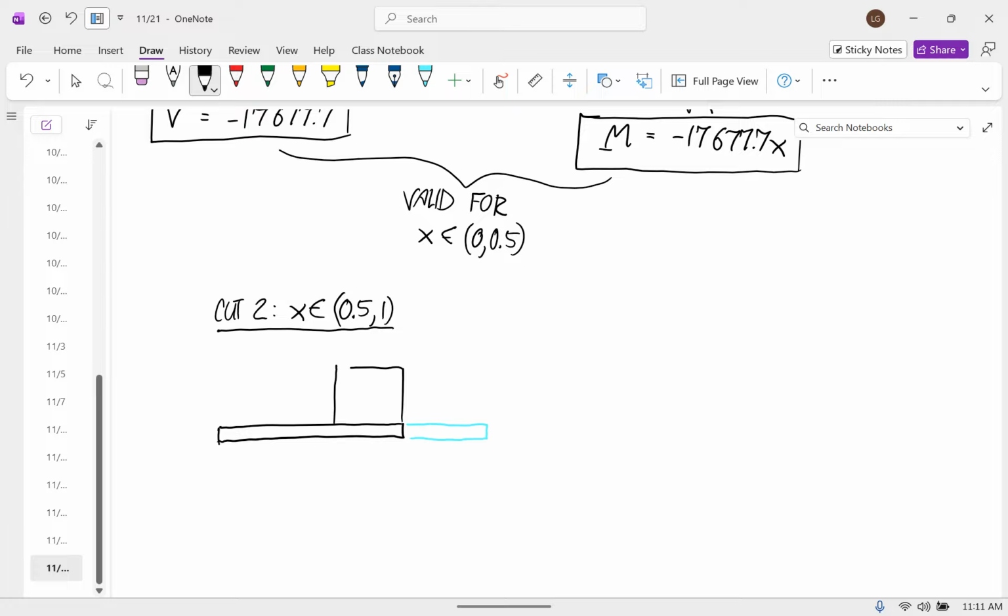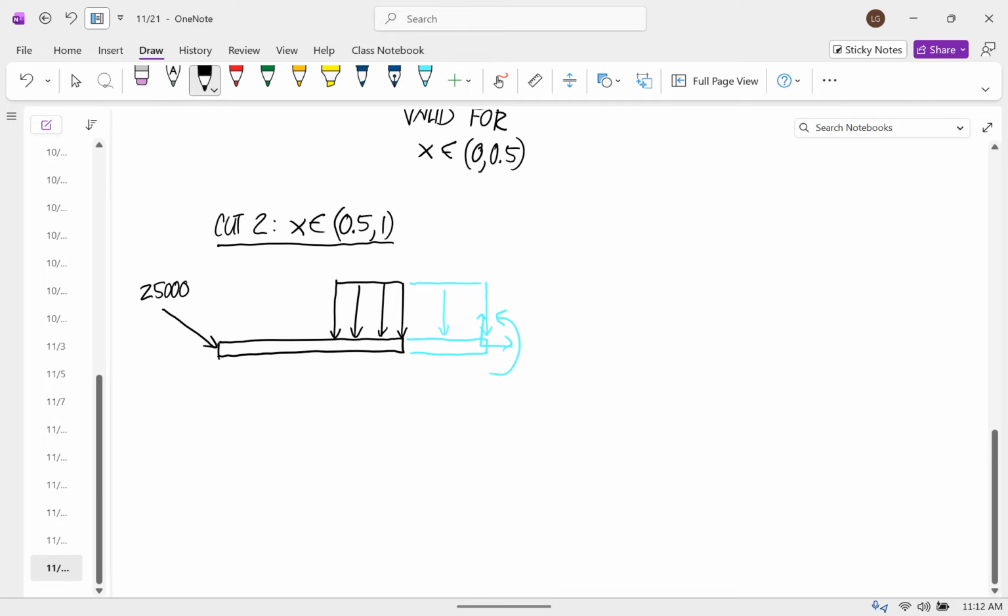The piece that we are isolating has some amount of this distributed load, but it's missing some amount also. It's missing the stuff going on over here. And there's the 25,000 Newton force. And then there's the internal loads.